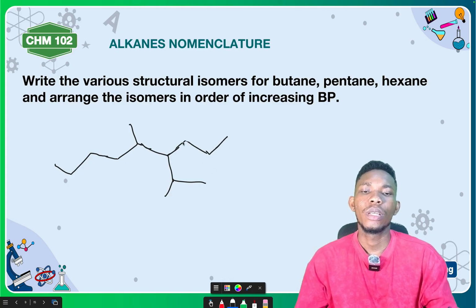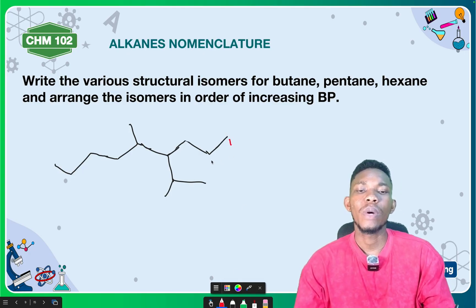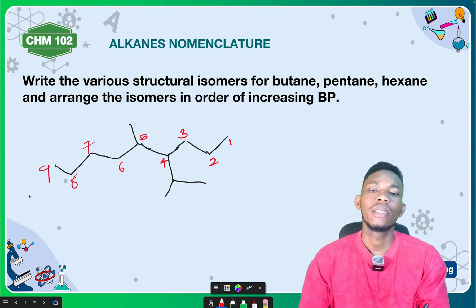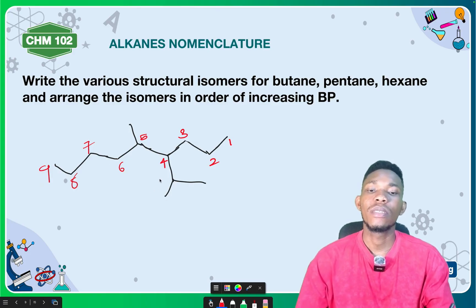This 1, 2, 3, 4. This 1, 2, 3. Okay. How do we name a compound like this? This 1, 2, 3, 4, 5, 6, 7, 8, 9. Are you getting it? If you come from this side, 1, 2, 3, 4, 5. This one is better, this numbering.